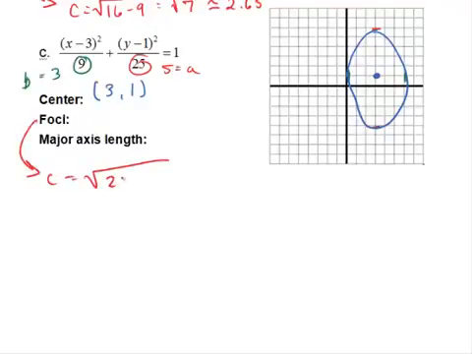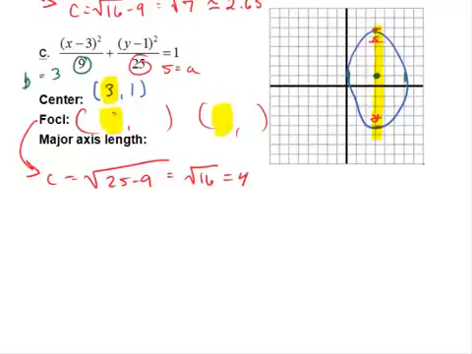C equals the larger number minus the smaller number, which is square root 16, so just 4, which is really kind of nice here. Major axis is still running up down, so we want to go 4 units, 1, 2, 3, 4 units up, and 1, 2, 3, 4 units down. And then in our center, we'll still be on the 3 for our x because we went up down, so that doesn't change.